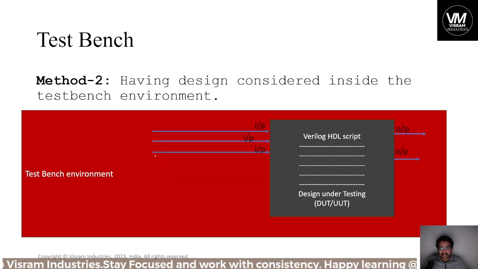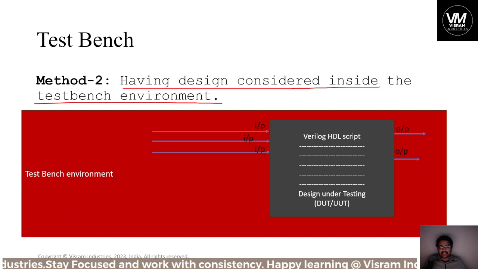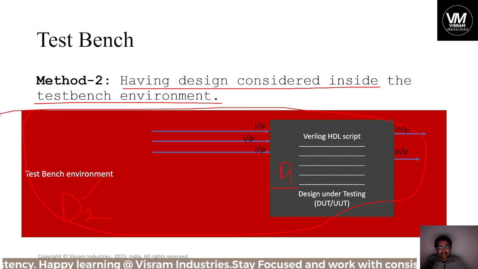Coming to method 2, having the design considered inside the test bench environment. So you have a test bench environment design. Think of it as design 2 and think of your own design as design 1. This is the primary design, this is the secondary design. In the secondary design, you are integrating your hardware. Whenever I say design, think of this as hardware.